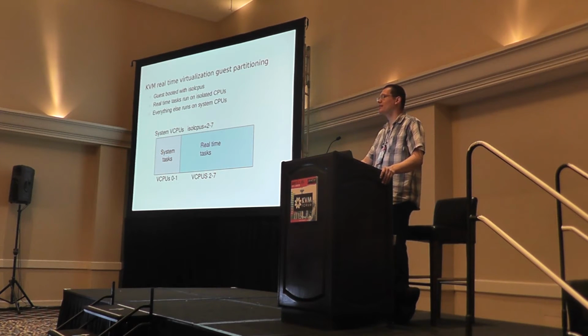And this way, things that might trap to QEMU, or that might do something that needs emulation in the host, or that does anything else that takes a really long time, will not preempt the guest, or will not prevent the guest from switching to a real-time task on the CPUs where we want to run a real-time task.